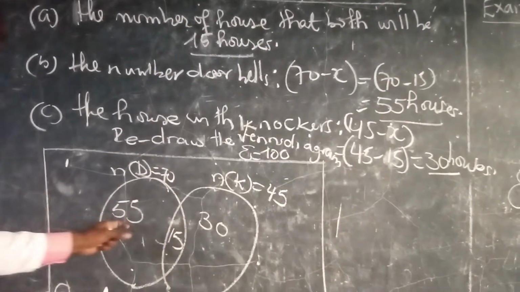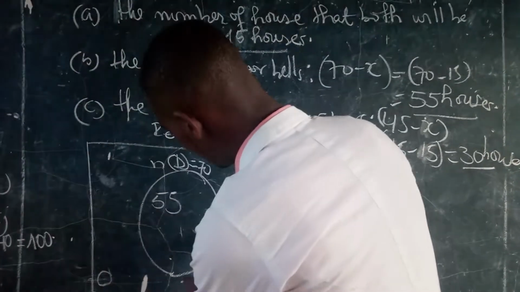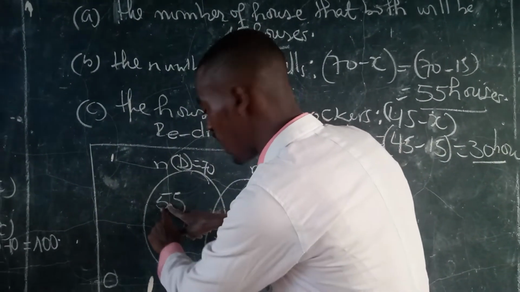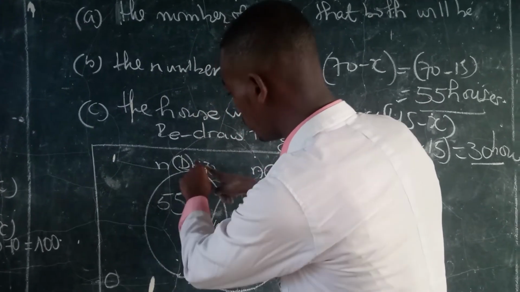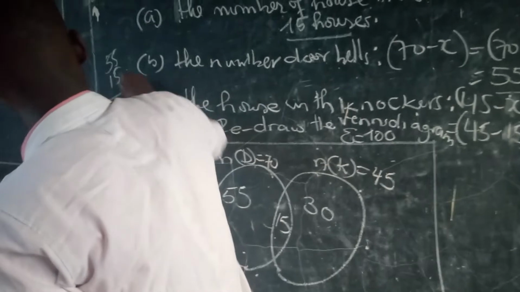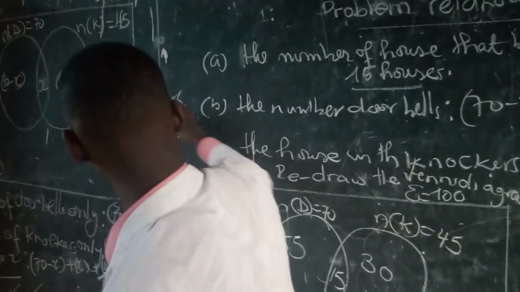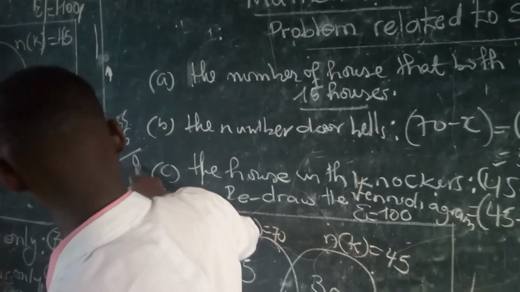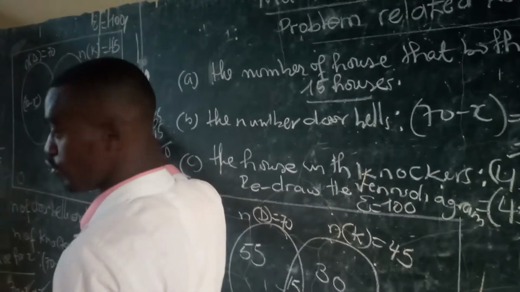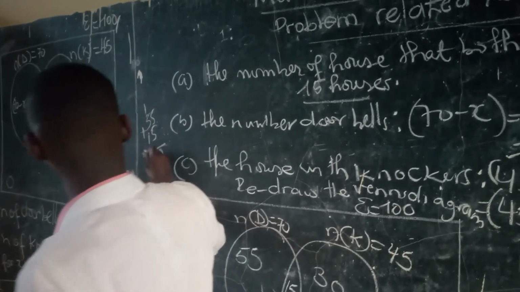We are going to add. This total must be equal to 100. 55 plus this 15 will be equal to 70. Let's check. 55 plus 15: 5 plus 5 will be 0 here. As I write 0 here, I carry 1. 1 plus 5 will be 6, 6 plus 1 will be 7.